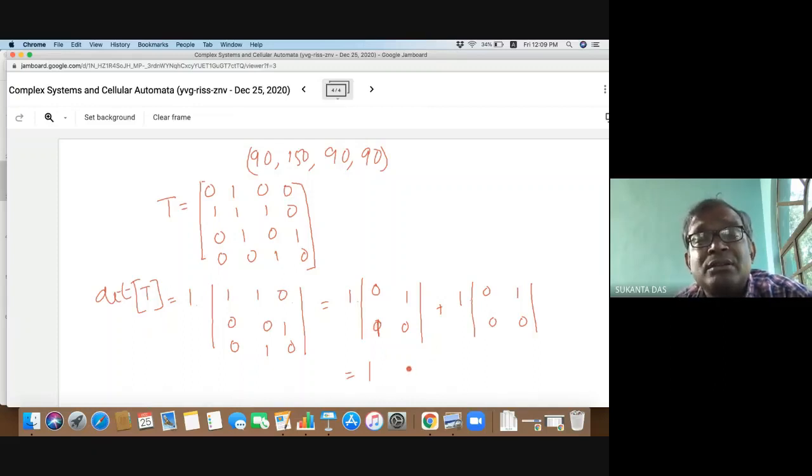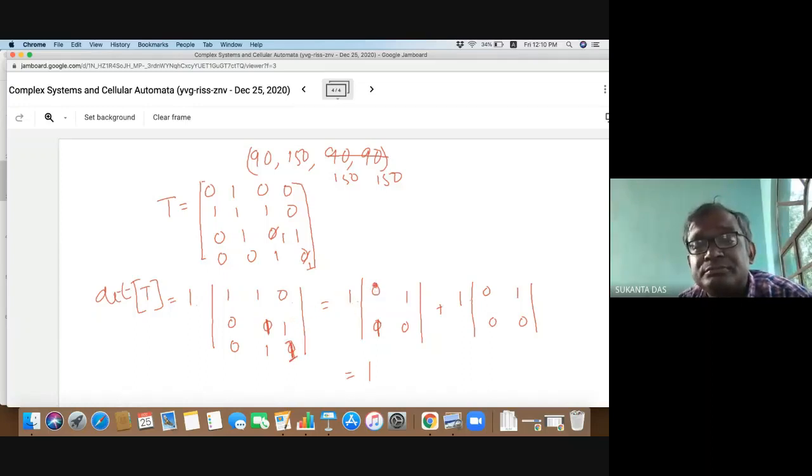Since it is 1, it is again reversible. But somehow if I get non-1, okay, let me take an example that I can show you. Let me take everything as 150. Let me check. So in this case it will be 1, this will also be 1, right? So here it will be 1 in this particular example.